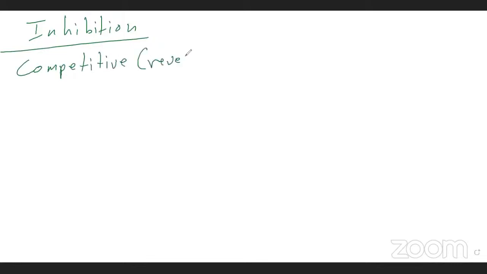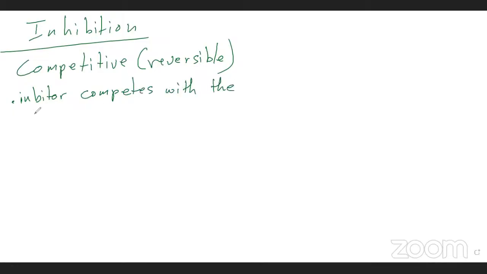Inhibition. Competitive, and this is reversible. So in competitive, the inhibitor competes with the enzyme or the active site.